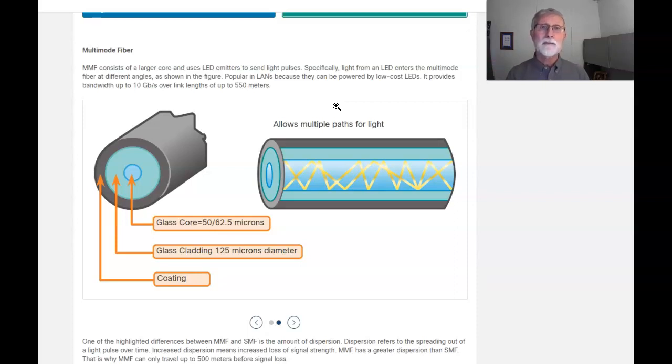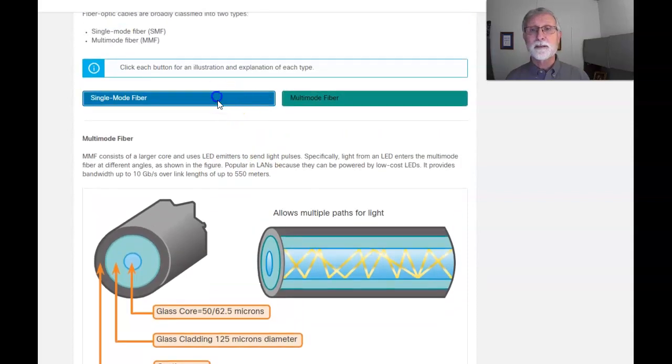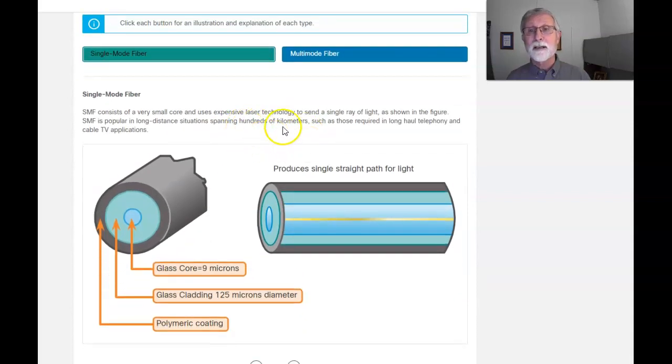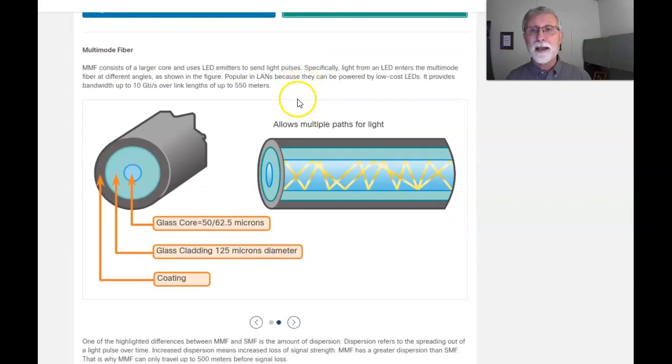And it does give me bandwidth up to 10 gigabits. And as you notice, I get about 550 meters versus if I was doing the single mode, I'm talking hundreds of kilometers. So multi-mode definitely has probably twice the range of Ethernet, maybe even a little bit more than that. About twice.